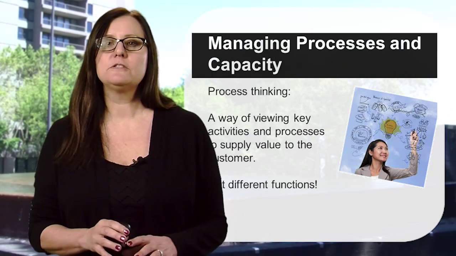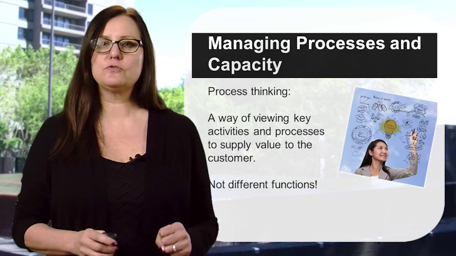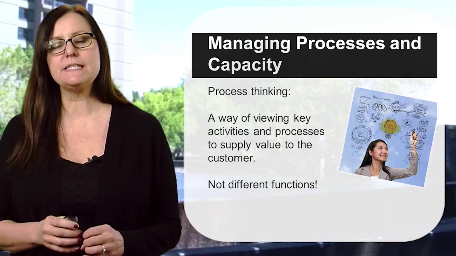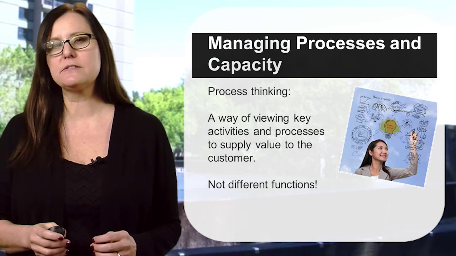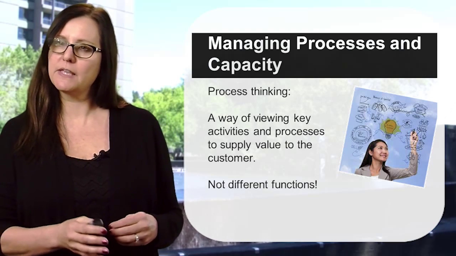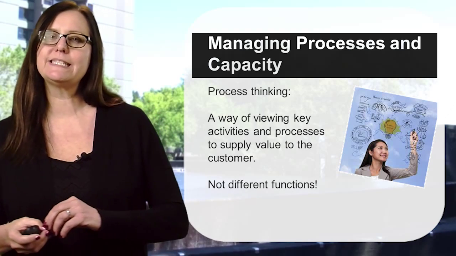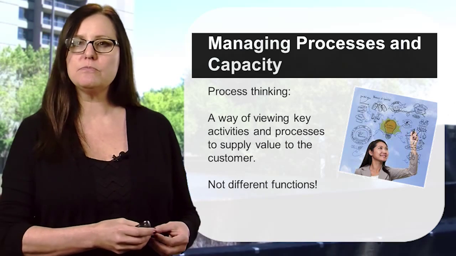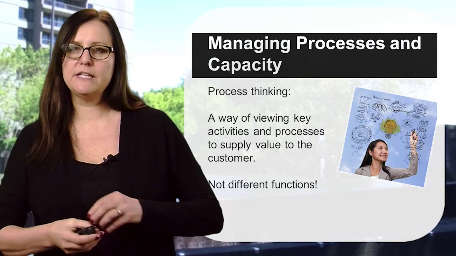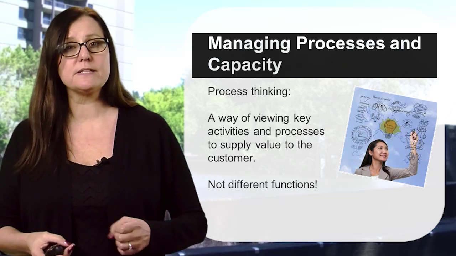All right. So once you get this strategic analysis, now you need to look at the processes and capacity. Okay, and start thinking instead of functions, marketing, supply, you're thinking about what are the processes that are linked together. Okay, so supply chain is really about linking these processes together and process thinking.